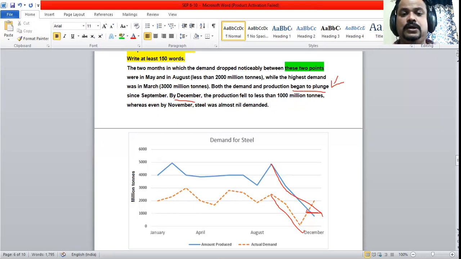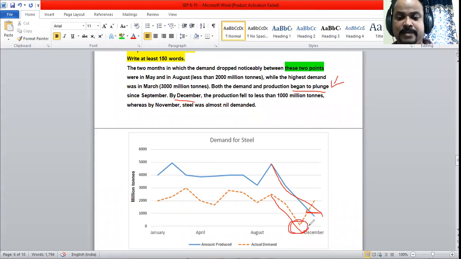By December, the production fell to less than 1,000 million tons, whereas by November, steel was almost nil demanded. So by November, you can see, steel was almost nil demanded. No demand was there. Okay, so we can say that this thing happened.